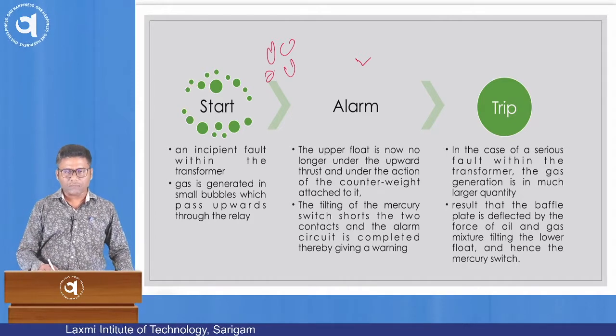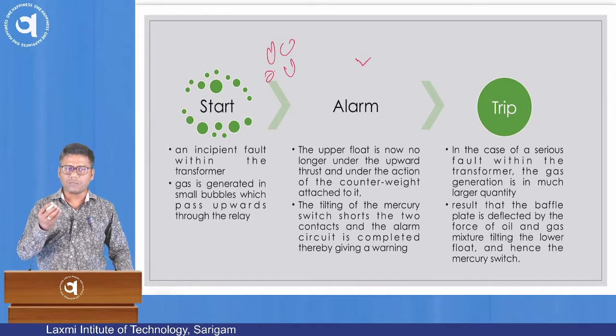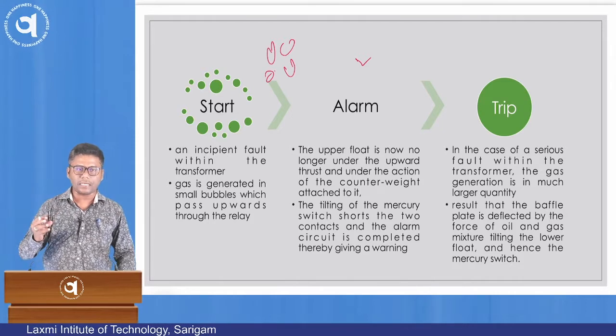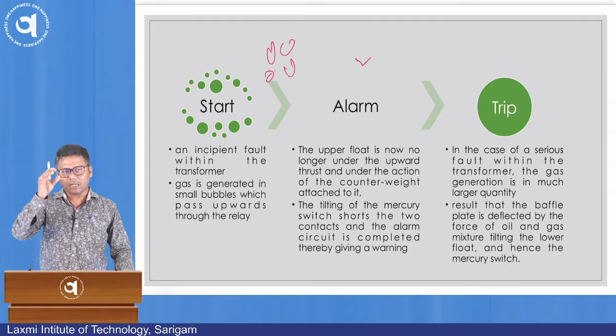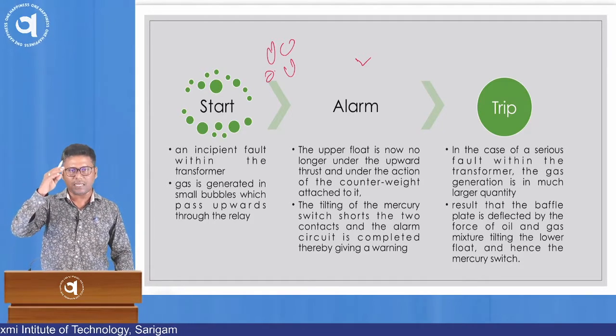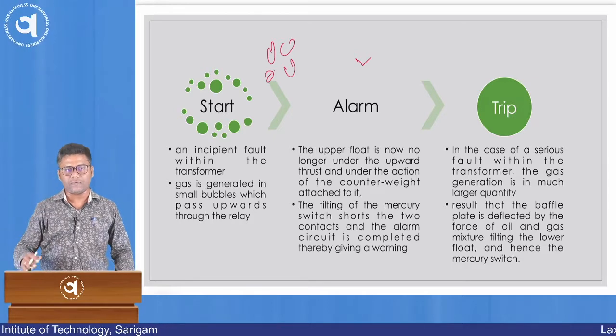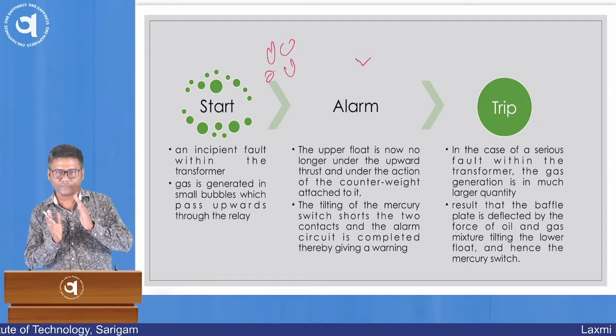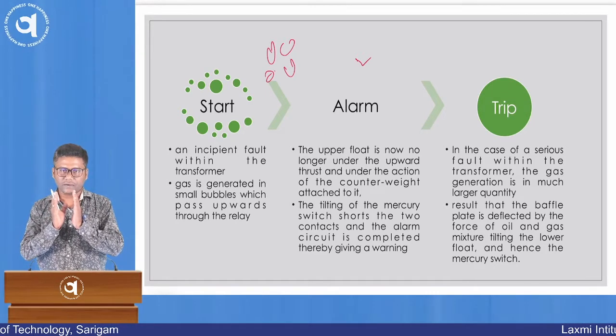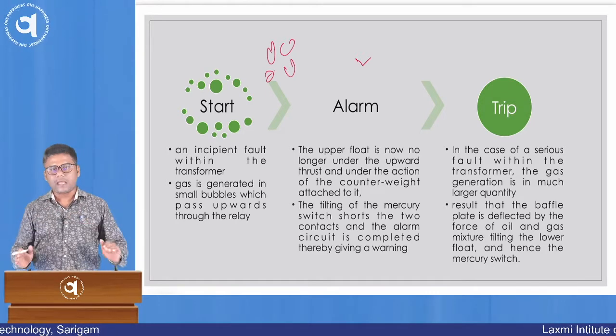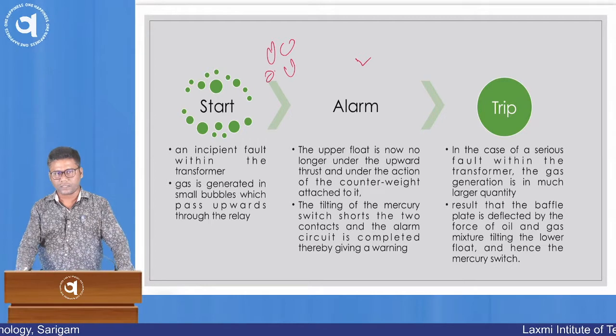So, this is how the warning signal is created: the small bubbles pass through the relay, the gas is there in the relay and lowers the level of the oil, and hence the upper float, which was straight, slightly tilts due to the counterweight of the floating switch.